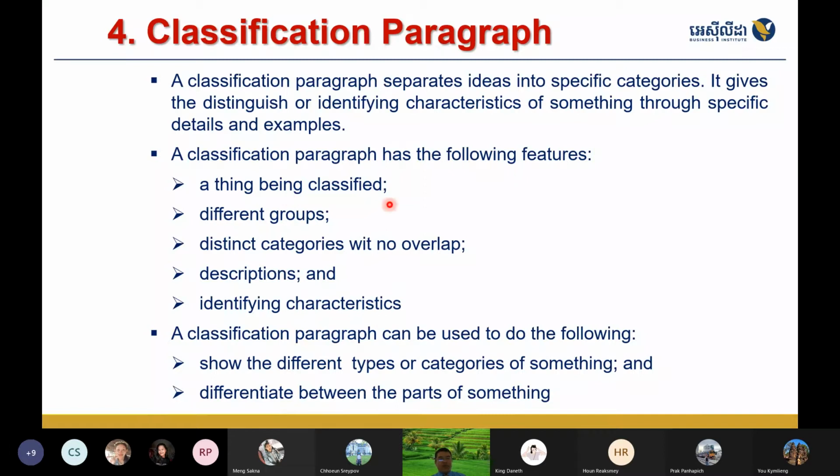The first one, things being classified into different groups, distinct categories with no overlap, descriptions, identifying the characteristics as well. And here are the reasons to use the classification paragraph. The first one is to show the different types and categories, and the last one is to differentiate between parts of something. Okay, so this is the definition and the reason why we use the classification paragraph.